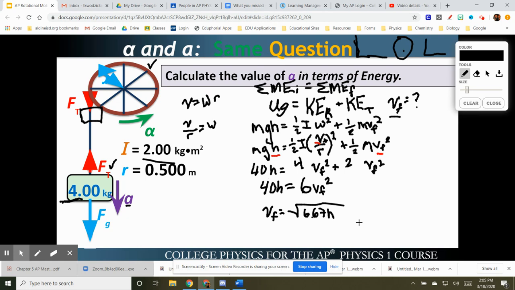So let's pick a kinematic equation that we can use. And it might be hard to figure out because we have that h left over. So we want to solve for linear acceleration. We have velocity final. We have velocity initial that's at rest.